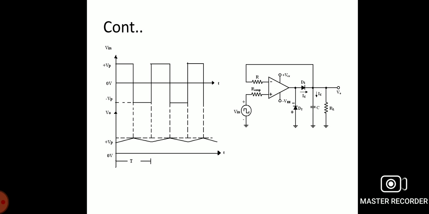Now the second condition: during the negative half cycle of the input voltage, D1 is reverse biased and the voltage across C is retained. The only discharge path for C is through RL, since the input bias current IB is negligible.